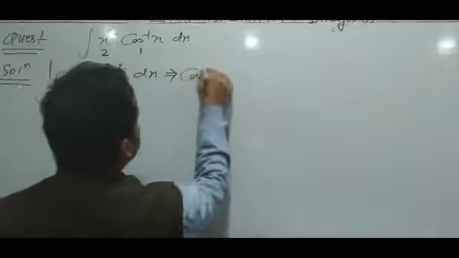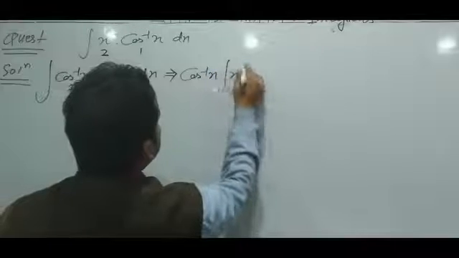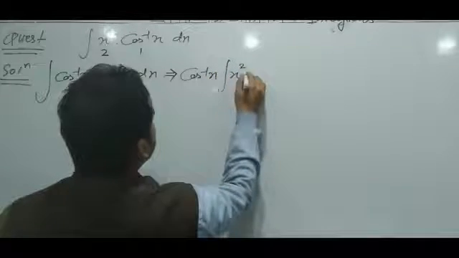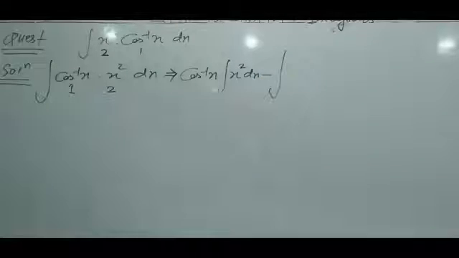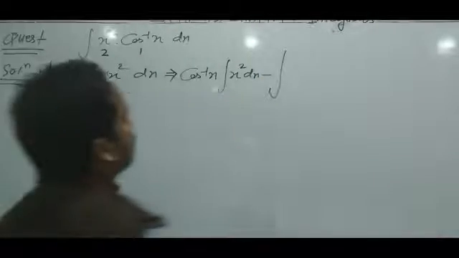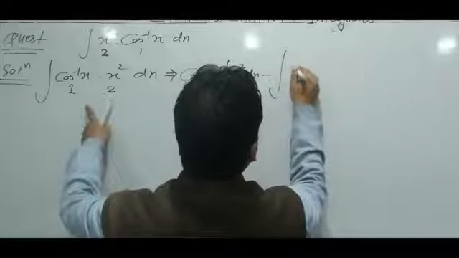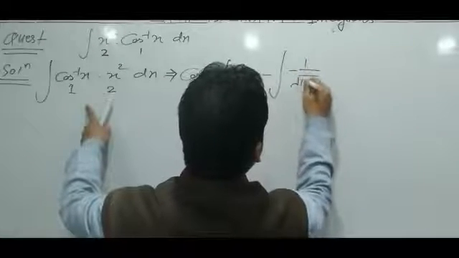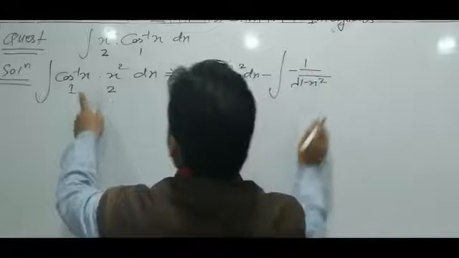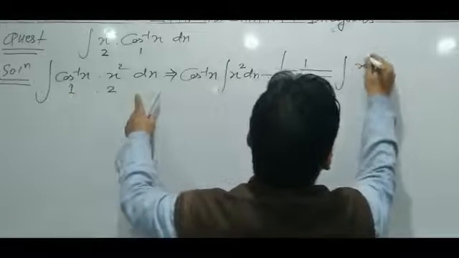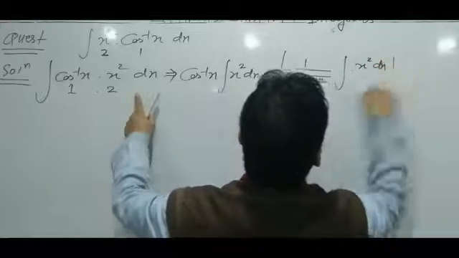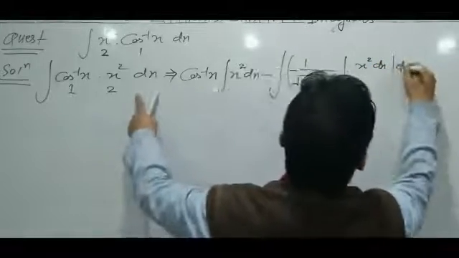So cos inverse x is the first function, integration of the second function, minus integration of the derivative of the first function. The derivative of the first function is minus 1 upon root over 1 minus x square, and the integration of the second function is x square dx, and now whole dx.